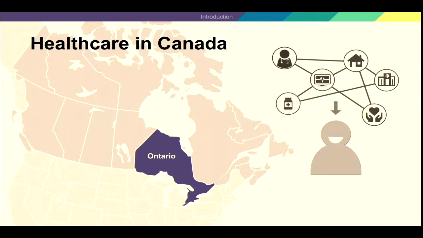We have hospitals and home care and clinics, medication, labs, and these all need to be well coordinated in order to give effective care. And so the role of the agency I work at is to advise the government and other key decision makers on aspects of the healthcare system, things like cancer, renal care, access to care, and more.